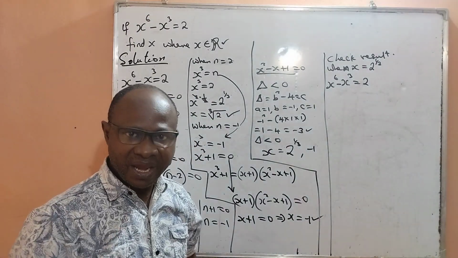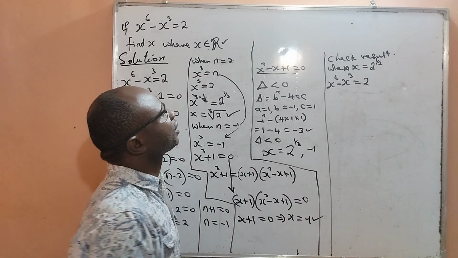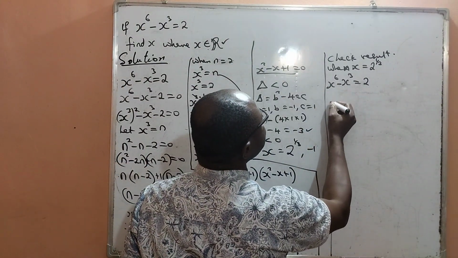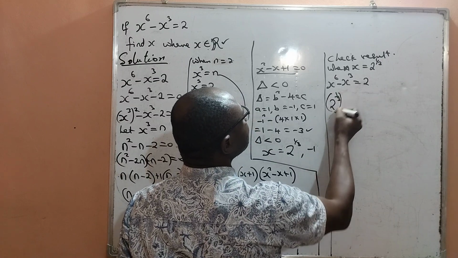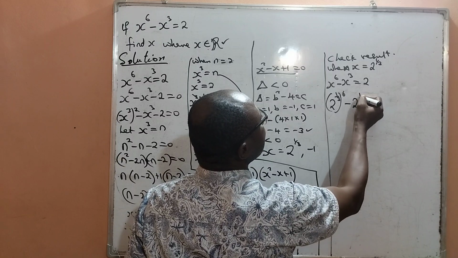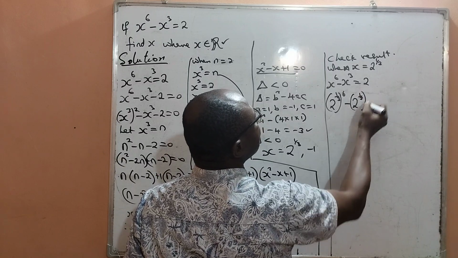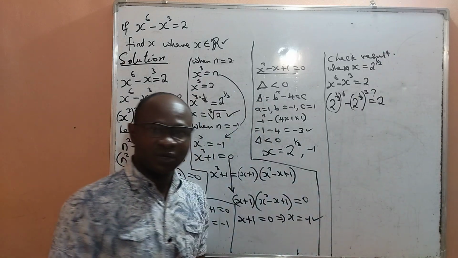Now, anywhere that is x, I will replace the cube root of 2. That means here I will have 2 to the power of 1 over 3, then to the power of 6, minus 2 to the power of 1 over 3, then to the power of 3. Will this be equal to 2?